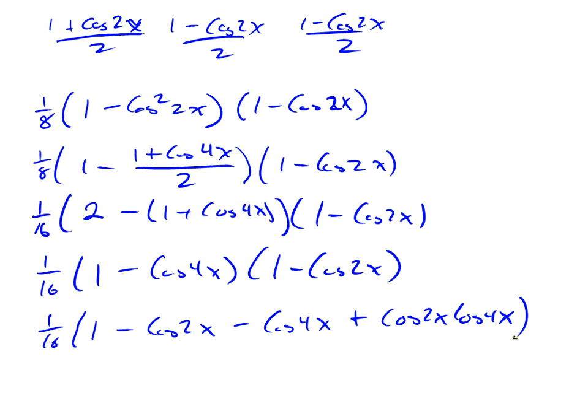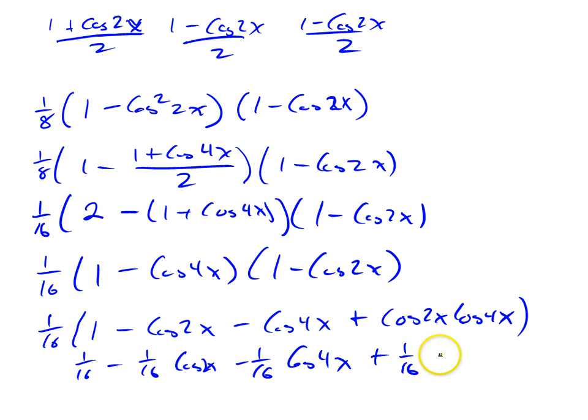Yes, they had this A, B, C. So when you multiply this all in again, it looks like this is a 1/16 and then a minus 1/16 cosine 2x and a minus 1/16 cosine 4x and a plus 1/16 times the cosine 2x cosine 4x. And so those were the things they're looking for, those coefficients, right?